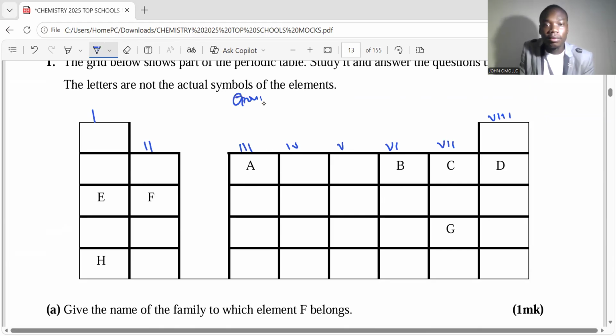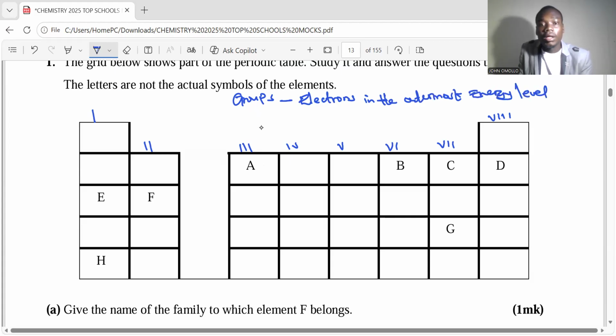How are groups identified? Groups are identified by the electrons in the outermost energy level. For example, if you want to know which group this particular element A is in, since we have written the groups up here, it is just group 3.